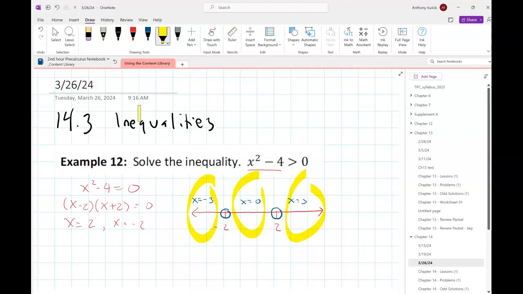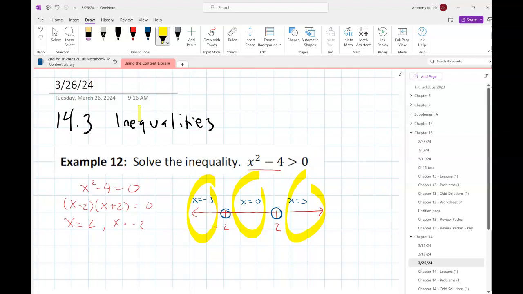I'm going to pick one test value from each section. The value I pick as my test value doesn't matter as long as that value lives in that section. So to the left, anything less than negative 2 would have been fine. I'm just going to pick negative 3. Anything between negative 2 and 2 would be fine for section 2. I picked 0. Anything bigger than 2 would be fine for section 3. I'm just going to pick 3.